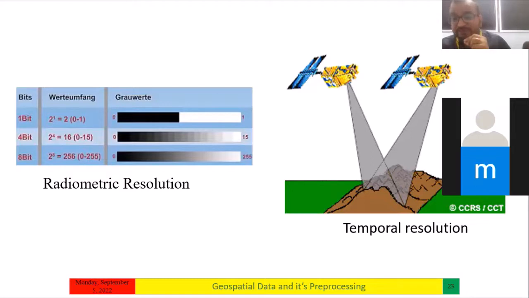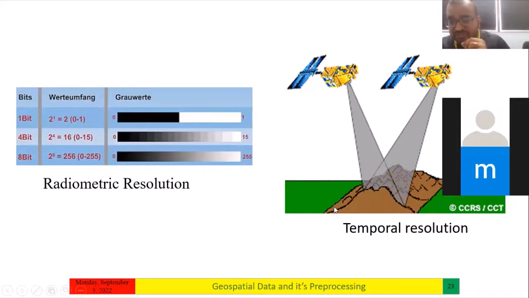For example, in the green band, if we have 10 bit or 20 bit, 10 bit will have a coarser radiometric resolution and 20 bit will have a finer radiometric resolution, and we can discriminate within the colors also. So radiometric resolution defines the range of the intensity or gray level. The more bits, the more gray levels, and the more discrimination between features.